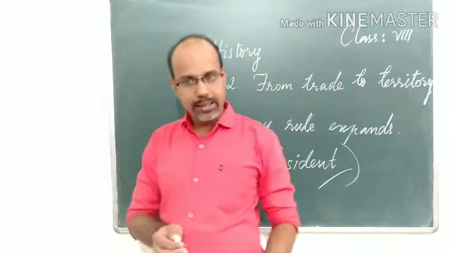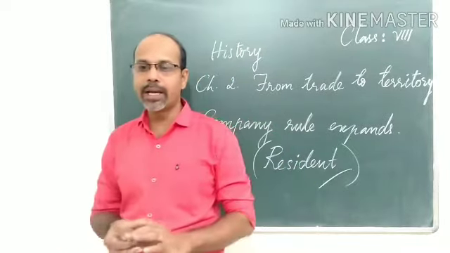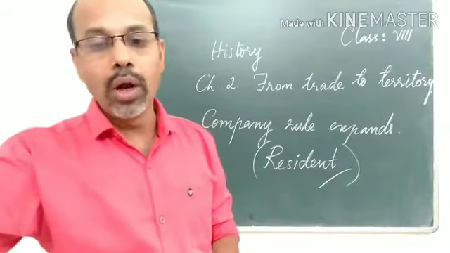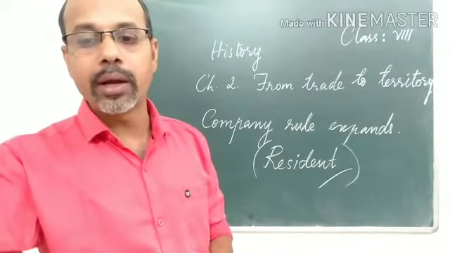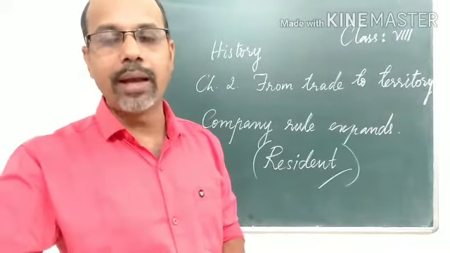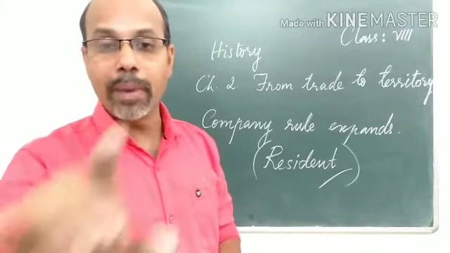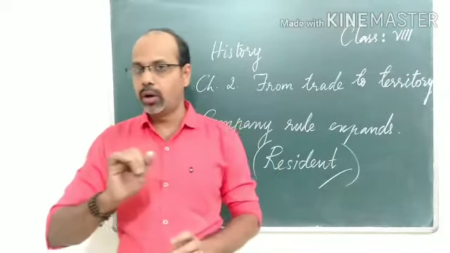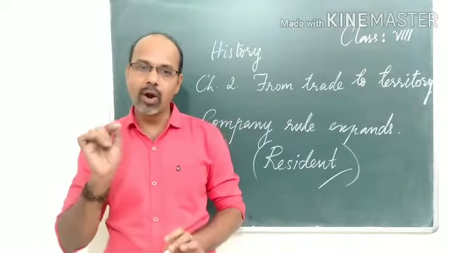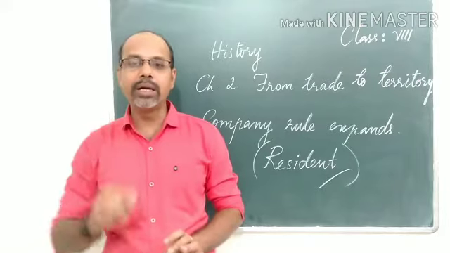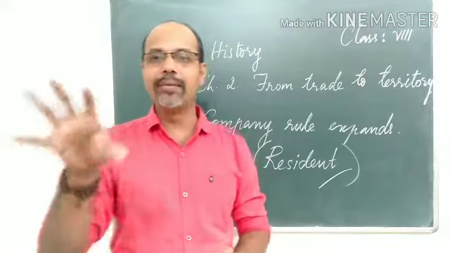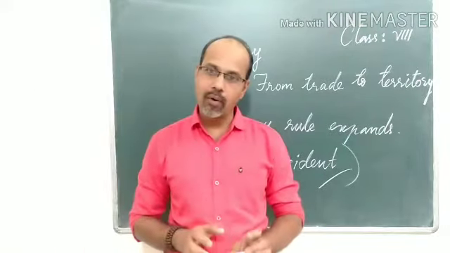Instead, they were to be protected by the company. Only the British company would protect the local rulers and their kingdom, but the rulers could not maintain an army of their own. Instead, the Britishers would have the army, and they would protect the king or Nawab.